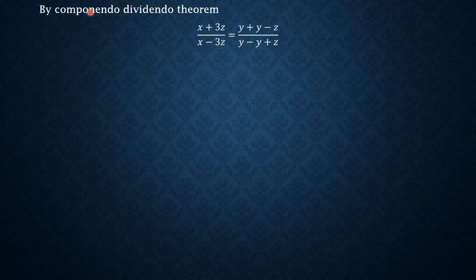Now by the componendo dividendo theorem, we have (x + 3z)/(x - 3z) equal to, on the right side, (y + y - z) over (y - y + z). After simplification, y + y will be 2y - z, divided by y - y, which cancel each other, and we have only z in the denominator. This is our equation number 3.